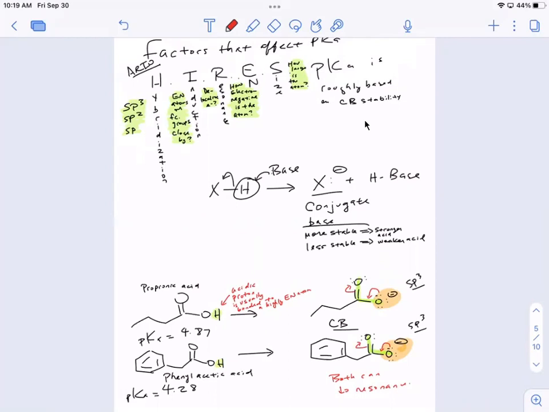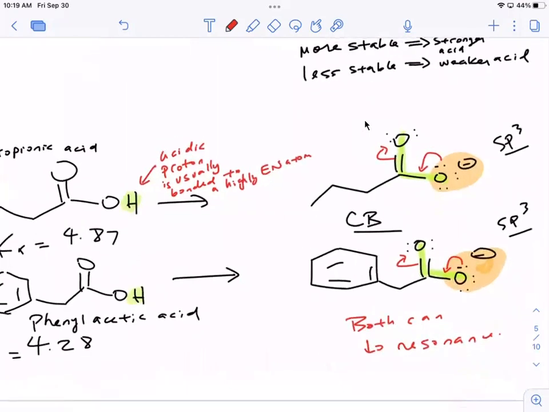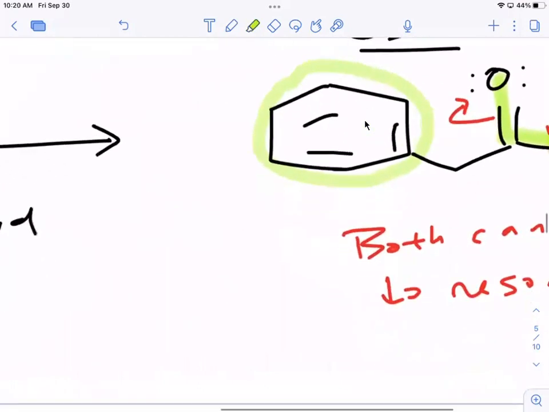Induction: ask the question, are there any electronegative atoms or functional groups close to that charge? If you look at the two molecules, the phenylacetic acid has an aromatic ring. Aromatic rings are really interesting because, depending on the scenario, they can be donors or they can be acceptors.